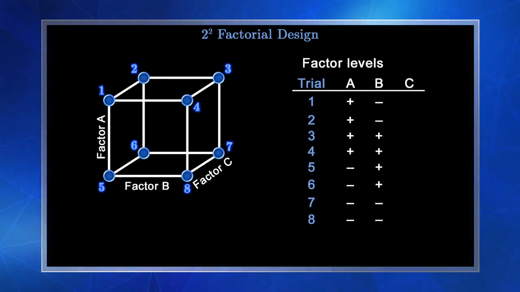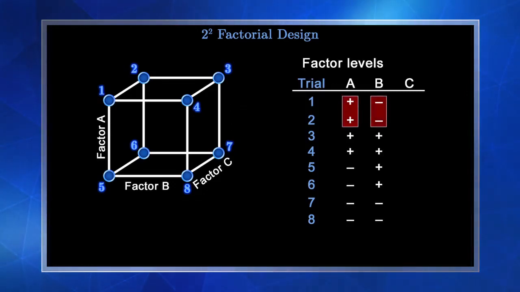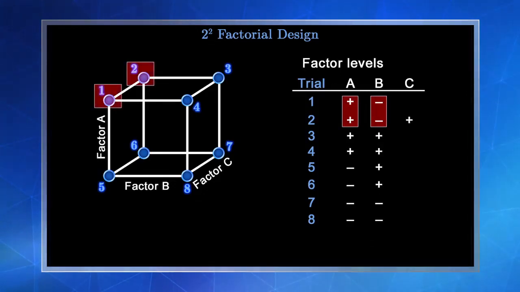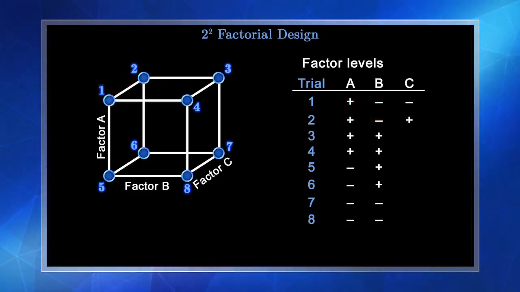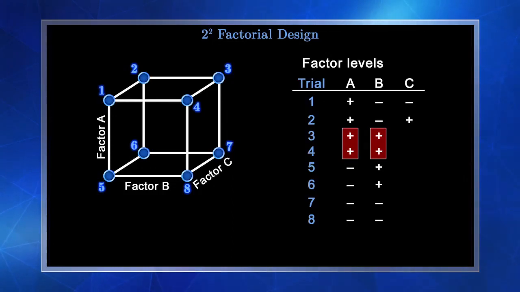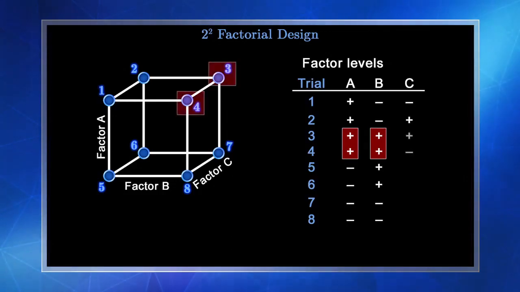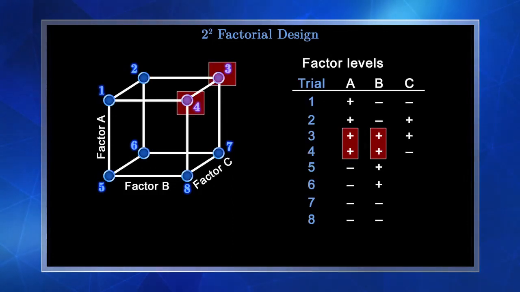So now all that's left is we have to factor in C. For A, both positive, and B, both negative, factor C comes in as a positive and a negative. Likewise, for A, both positive, and B, both positive, factor C comes in as both a positive and a negative. Do you see the pattern?